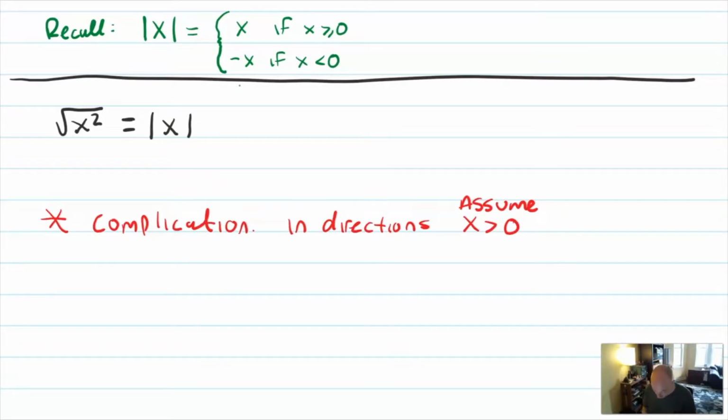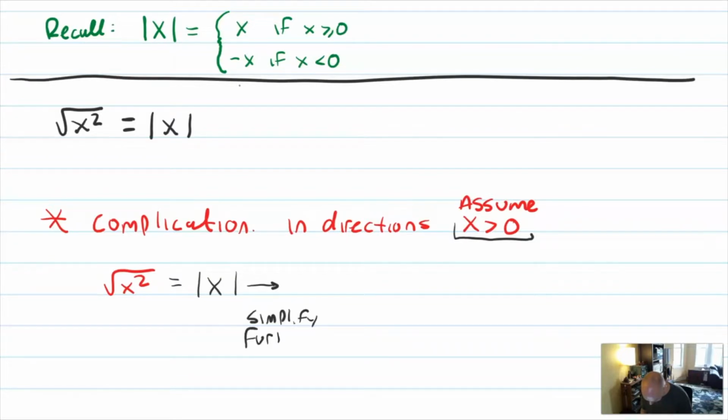Well, if that's true, and in the problem there's a square root of x squared, I would say, okay, the square root of x squared is equal to the absolute value of x, because Mr. X said it's always true. However, because x is greater than 0, this can simplify further into just x, because if x is greater than 0, the absolute value of x simplifies to x.